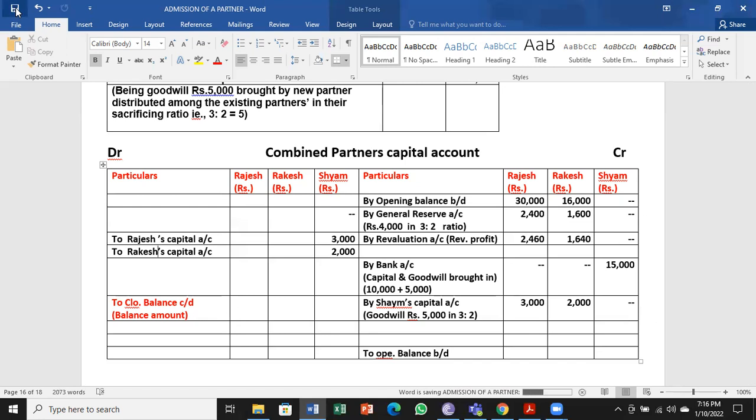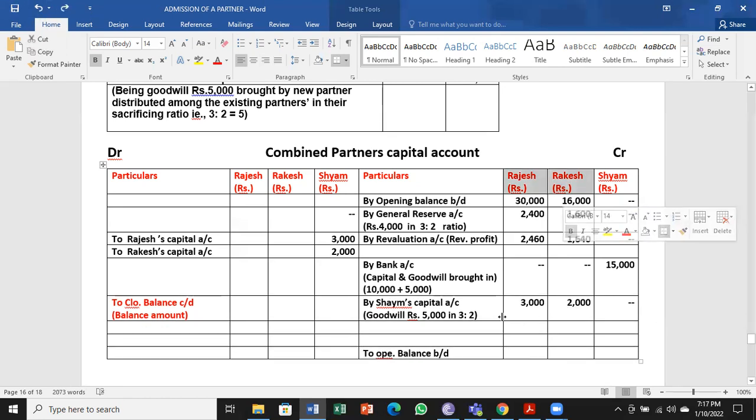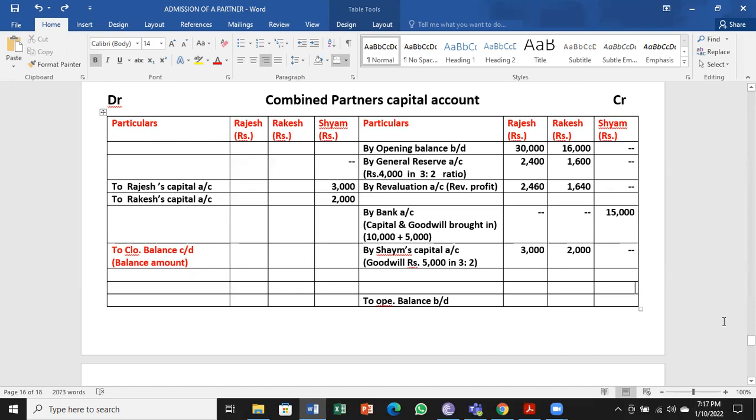Remember, this is the most important entry you should remember. So Rajesh will get from Shyam, Rakesh will get from Shyam. Here on the credit side, partners benefit. So here Rajesh and Rakesh will get money. Here Shyam is giving Rajesh and Rakesh the amount. So you have to understand, credit is added to partners' capital, debit is deducted from the capital account of the partners. So now we can go for balancing. Credit is more for all the partners.